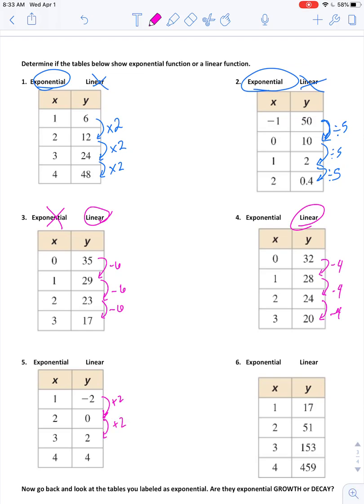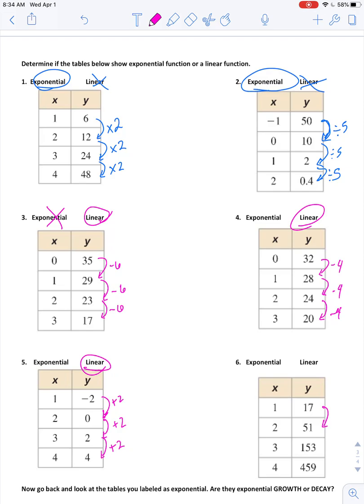Let's try another pattern. What else could that be? How else could I go from -2 to 0? Well, I could add 2. And if I add 2 again, then I would get to 2. And if I add 2 again, that worked one more time. I did get 4. So I'm adding the same thing every time, which makes that a linear function.